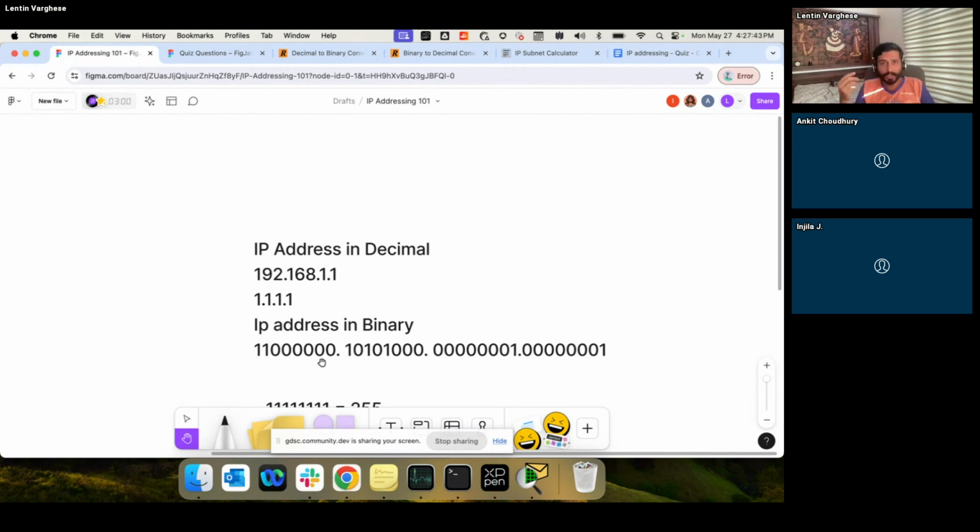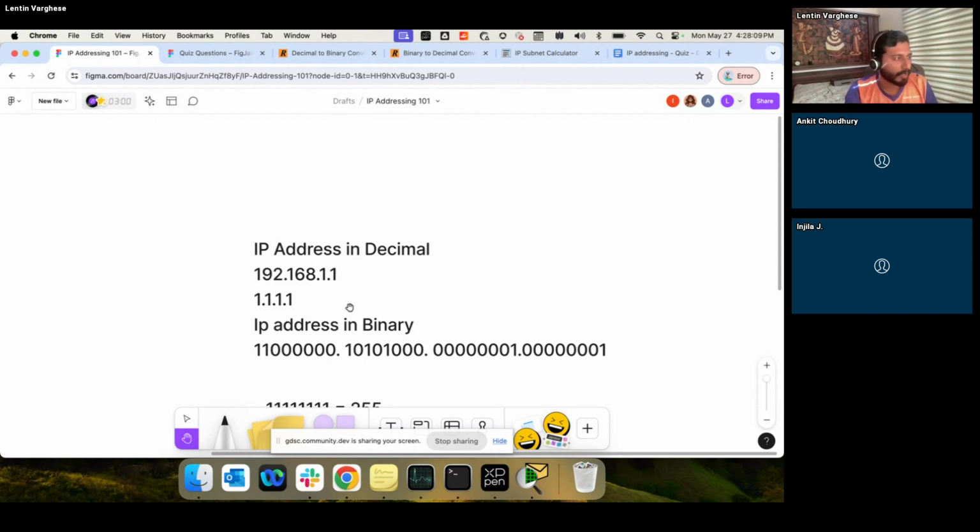But the house number is unique to each house. Similarly, in an IP address, the network part is common to all the devices in a network. The host part would be unique for each of the devices in the network. That's the network and host portion of an IP address.